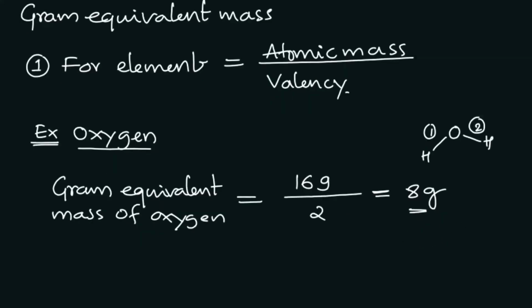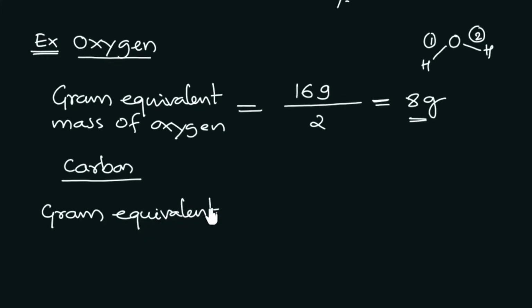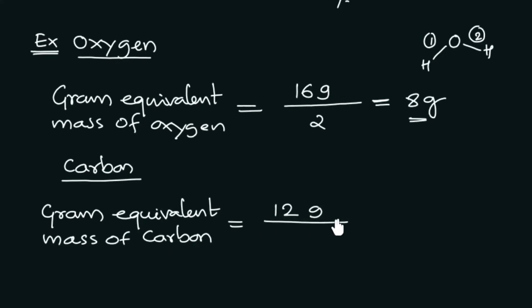The same thing we can calculate for carbon also. For carbon, let me write gram equivalent mass of carbon equals, the atomic mass of carbon is 12 grams, and the whole divided by the valency of carbon.